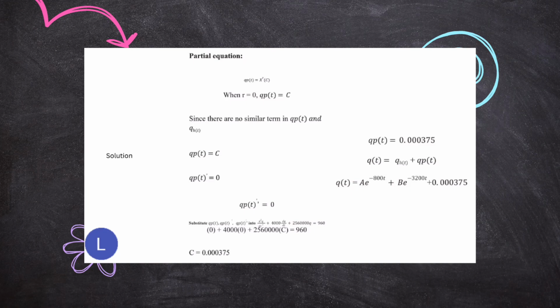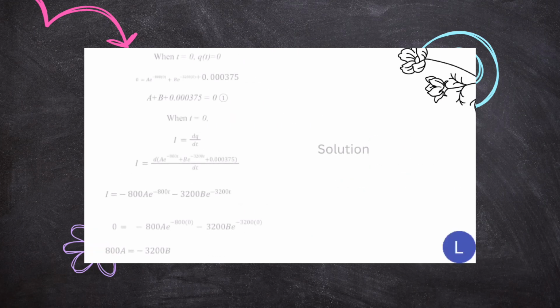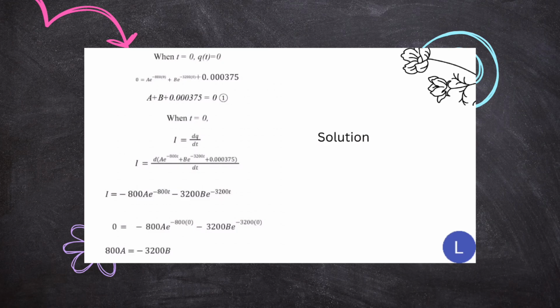Q(t) equals Ae^(-800t) plus Be^(-3200t) plus 0.000375. So now from there we are going to find the unknowns A and B. When t equals 0, Q(t) equals 0.